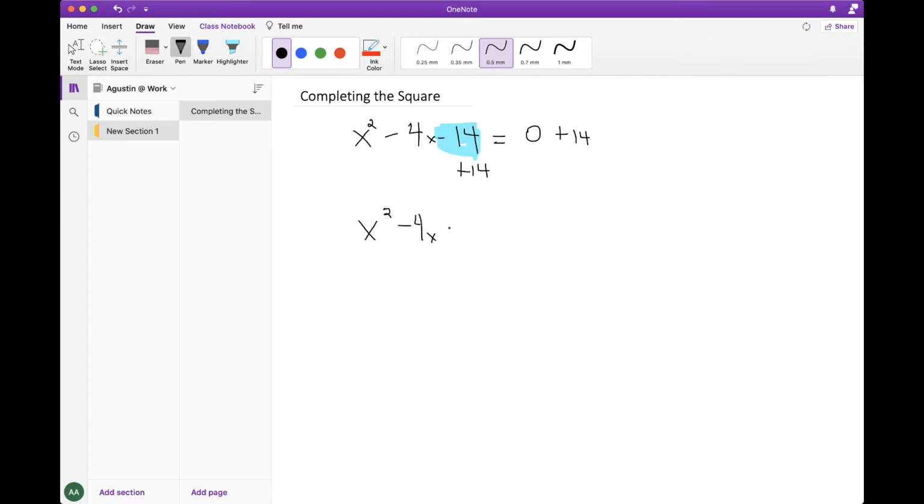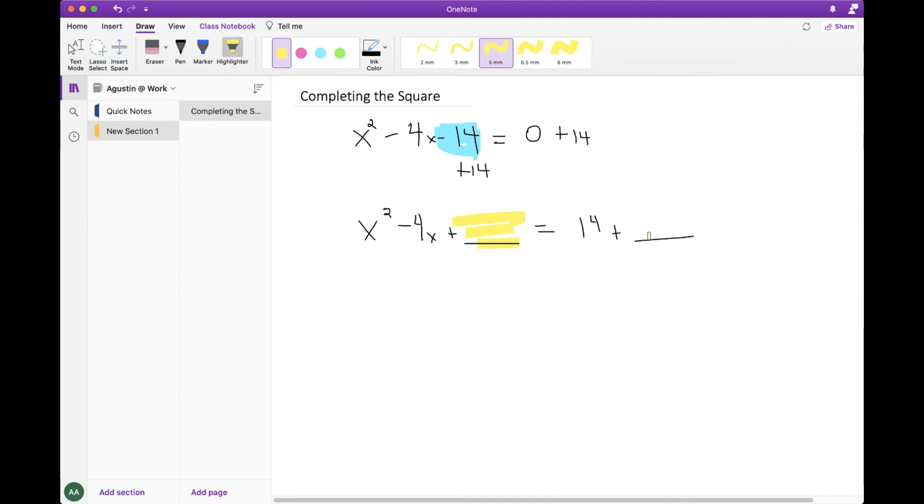Now there's going to be a blank space here that we're going to fill in right now, equals 14. And since we're going to add on the left, we also have to add that same number on the right. Okay, so now how do we figure out what number is going to go there? What is going to go here?